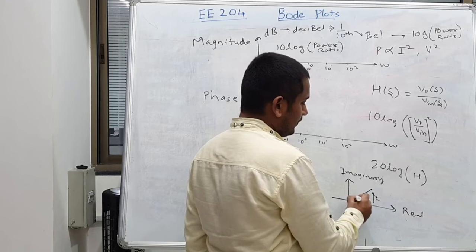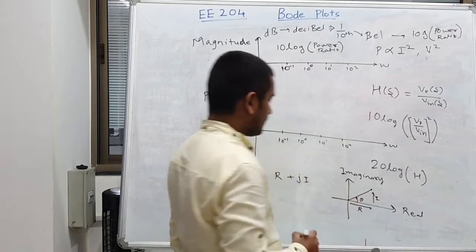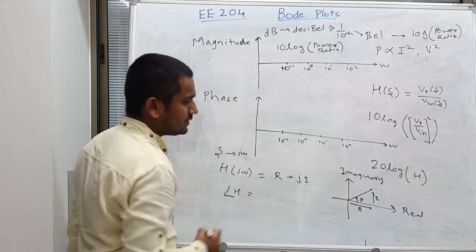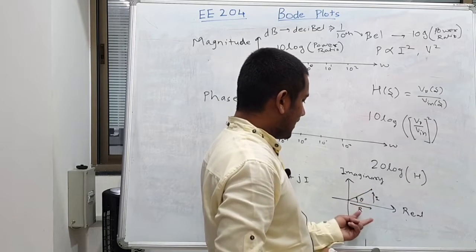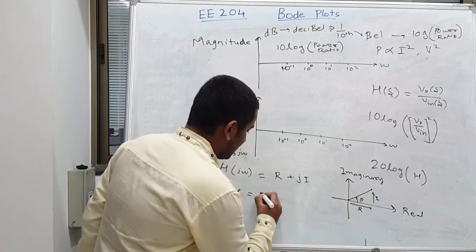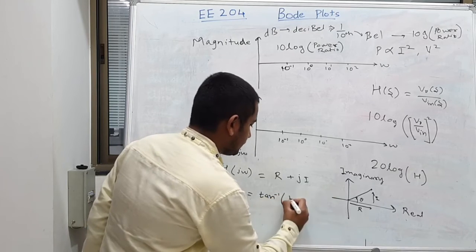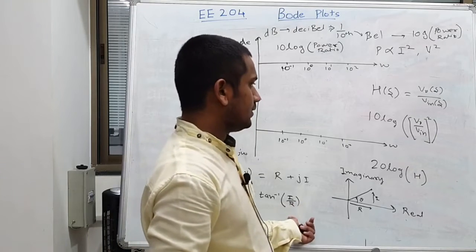The angle with positive real axis theta, or in this case angle of H, is, now tan theta is I by R. It means that theta will be tan inverse of imaginary part by real part.